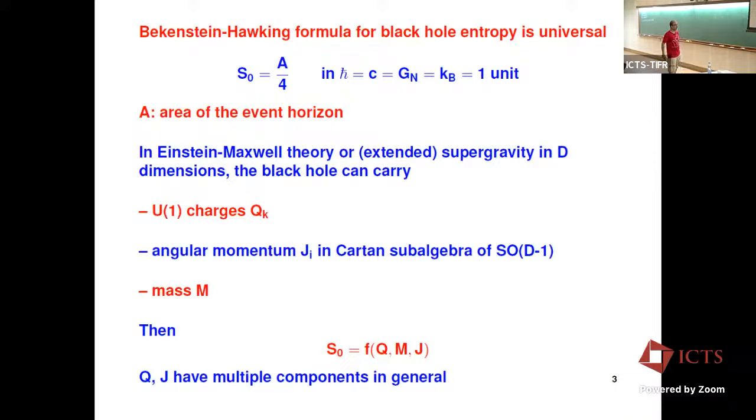In general, there may be several U(1) charges. It has angular momentum, J_i in the Cartan subalgebra of SO(d-1), and it carries some mass, and we can express the entropy as a function of the charges, mass, and angular momentum. And q and J can have multiple components.